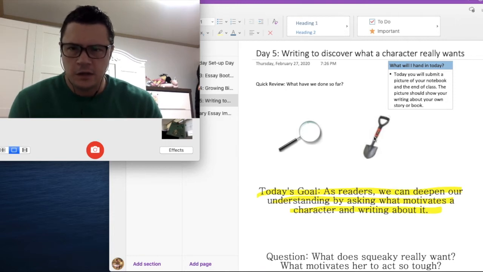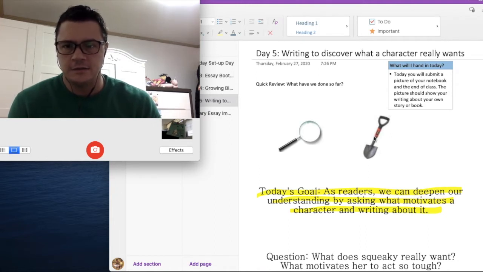So we were looking closely at what the author had done and asking why they did that, and our goal was to uncover ideas about character. So I put a magnifying glass there.